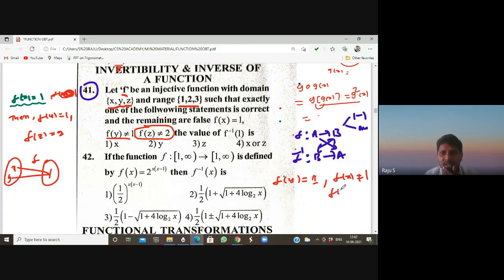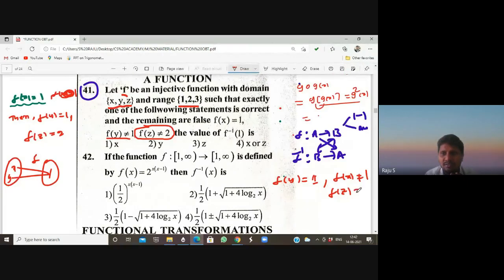And f of z already, the third condition is not equal to 2. Okay, f of y is equal to 1, fixed. And f of z not equal to 2, nothing but f of z is what? Here f of x not equal to 1 means it must be either 2 or 3. Already f of z is not 2, it is 3. Then f of x is clearly 3 or 2.